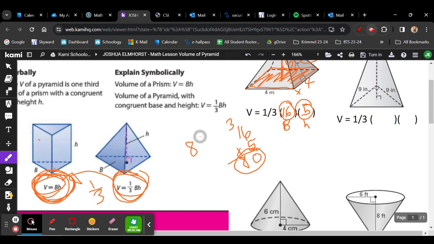But multiplying by 1/3 is just going to divide that by 3. 8 times 3 is 24, and 3 goes into 20 six times.